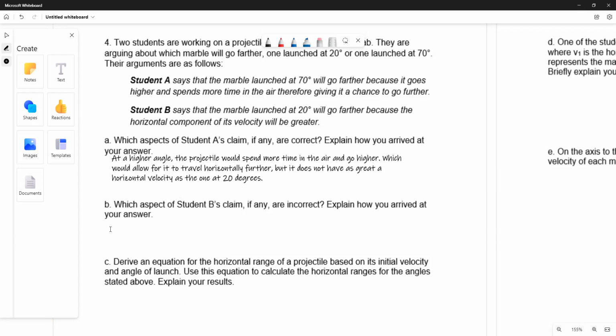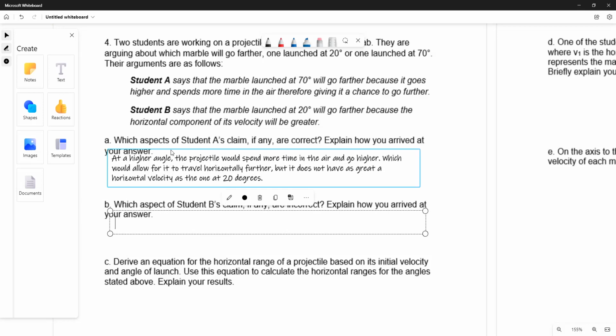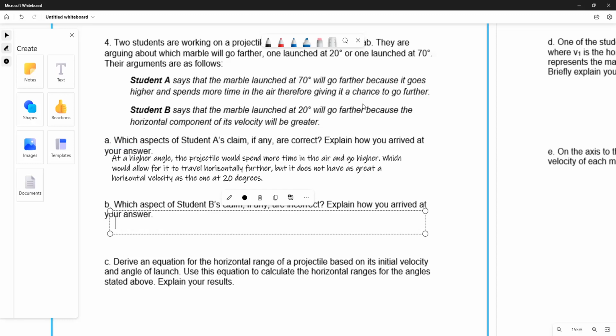Okay. And then for this one here, it actually asks us to explain what's incorrect for student B. It almost feels like favoritism, but in this case, you would say they say that at 20 degrees it'll go further because the horizontal component of its velocity is greater.